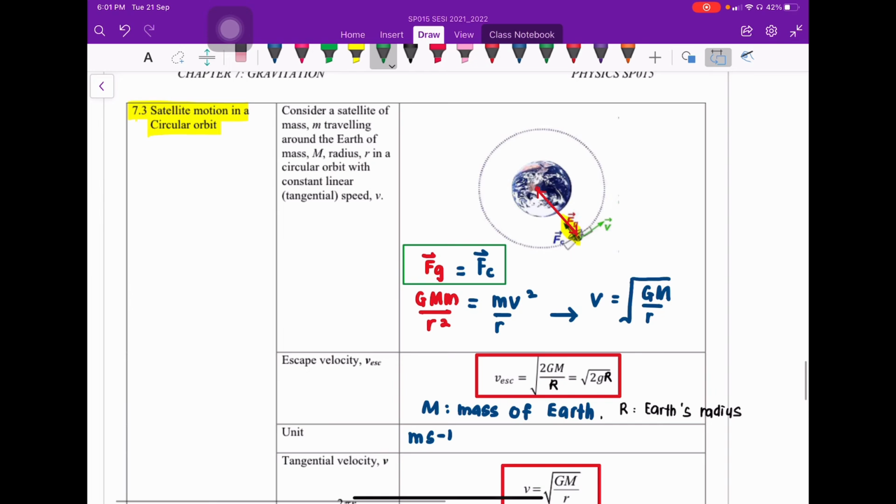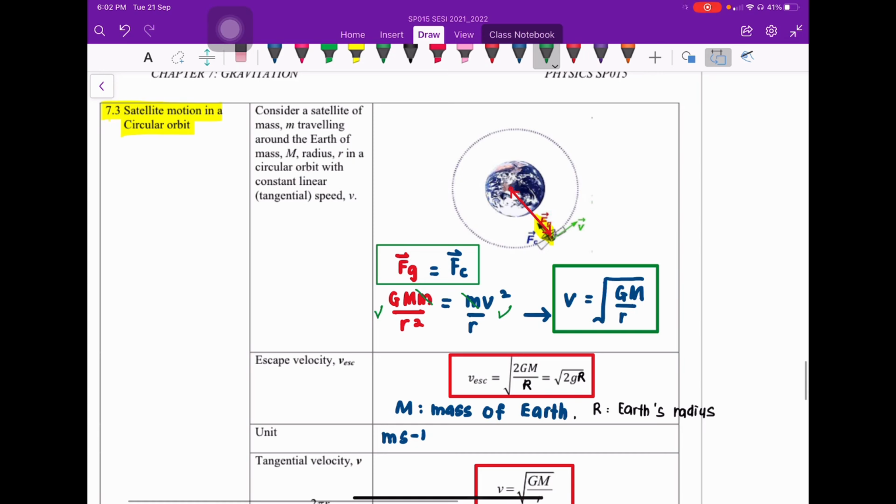So using the equation of gravitational force equal to the centripetal force, where M here refers to the mass of the planet, therefore we can determine from the concept the equation of velocity of satellite.